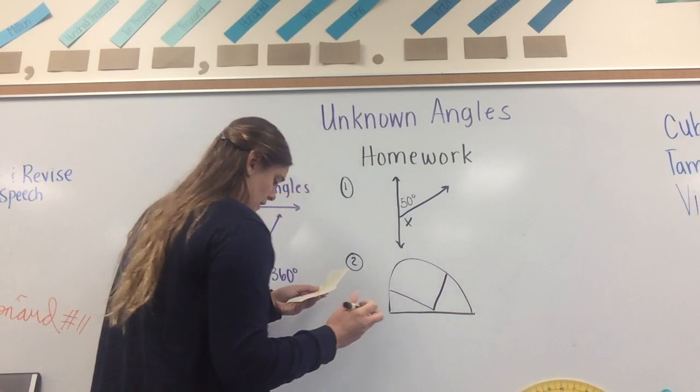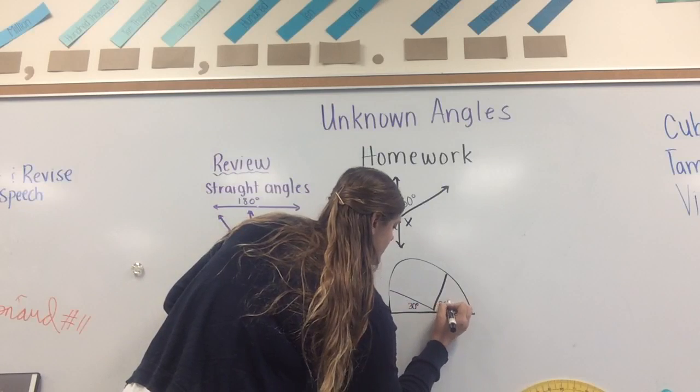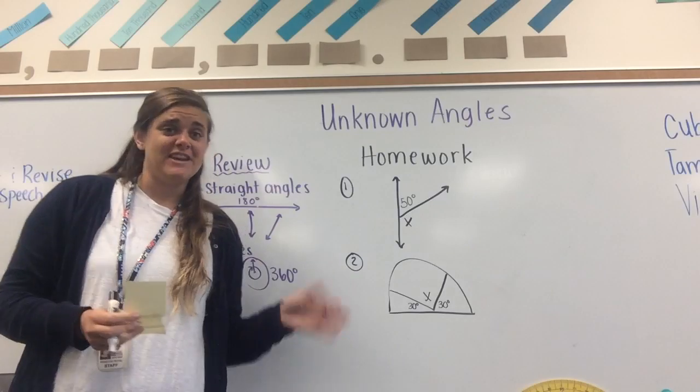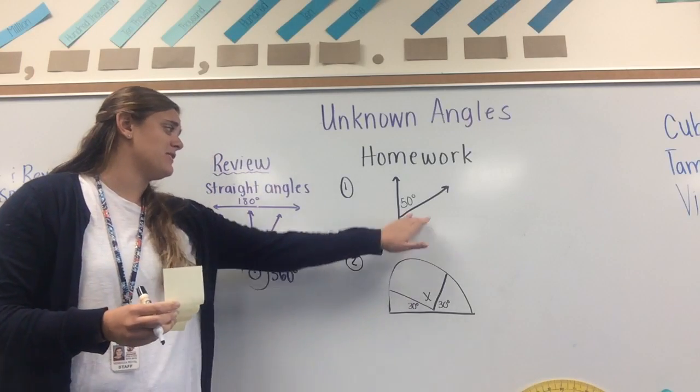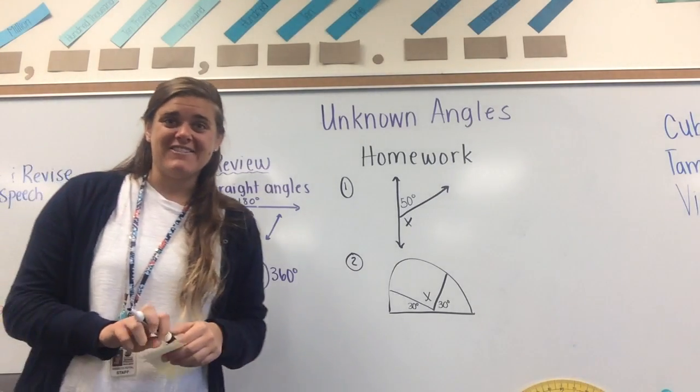It's not a perfect drawing. Again, you're solving for x, so you're trying to figure out what x is in both of these problems. Please remember our review and the information that we've already learned.